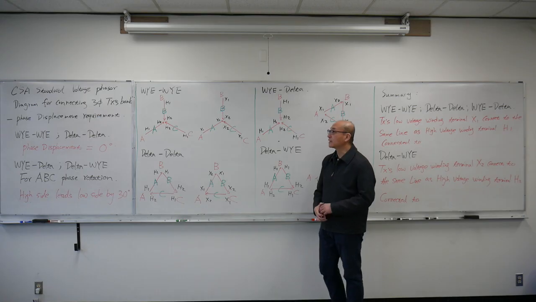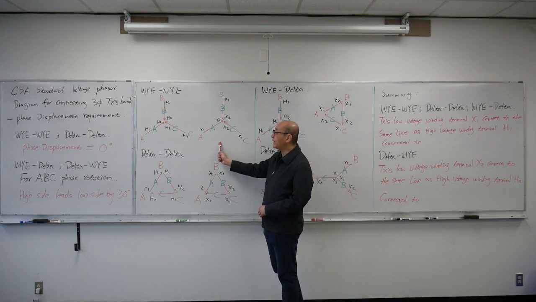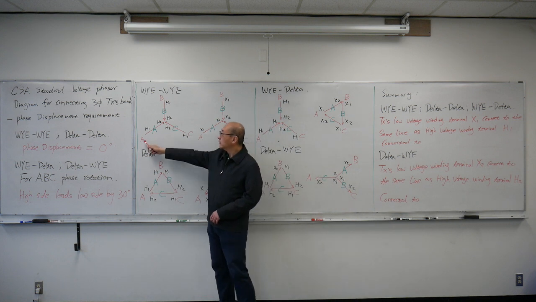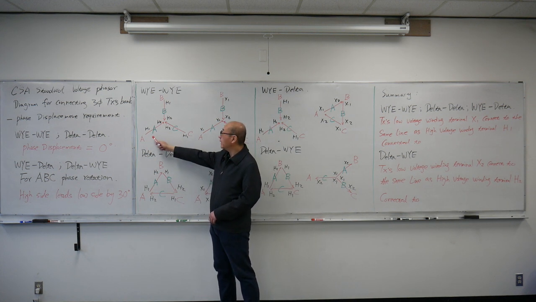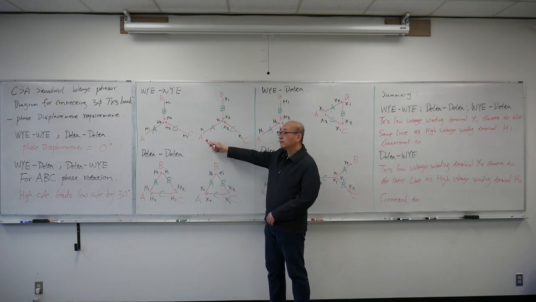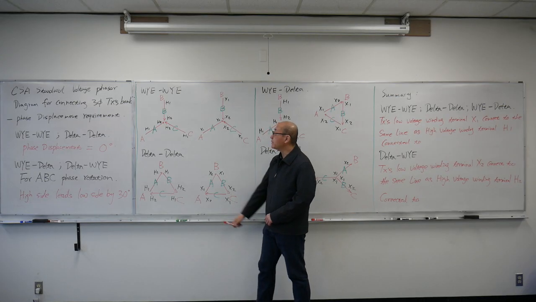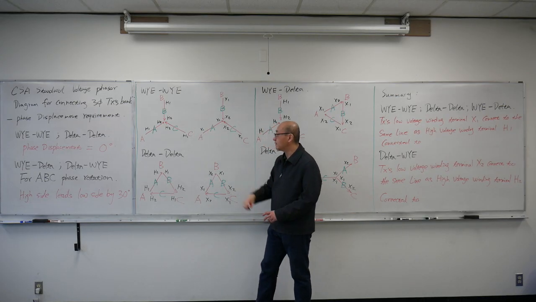Now we can discuss the CSA standard. This is a Y to Y connection. A phase, H1 to H2, is in the 30 degree direction. On the low voltage side, on A phase, X1 and X2 are also at the 30 degree location. Same thing for B phase and C phase.